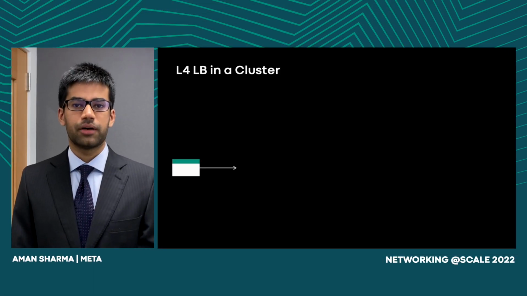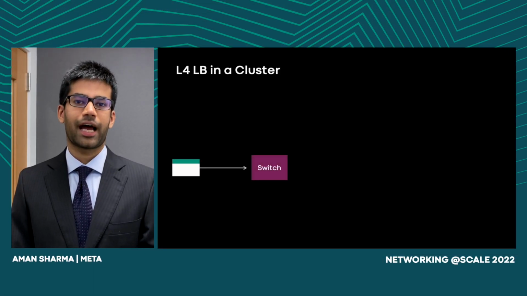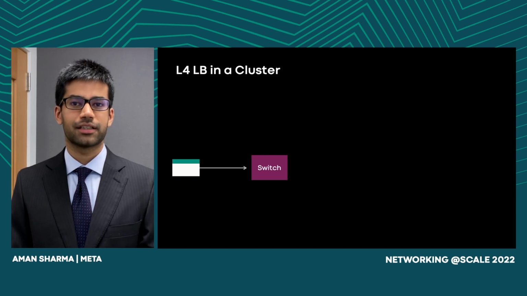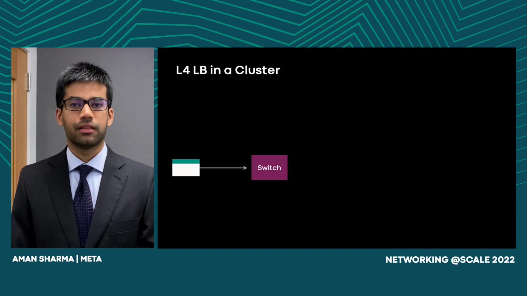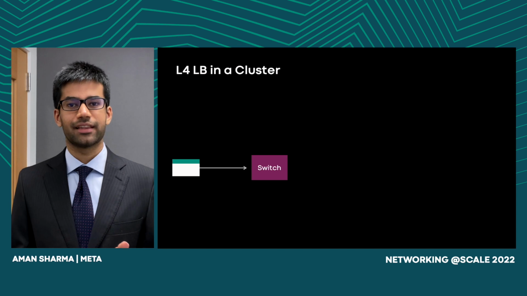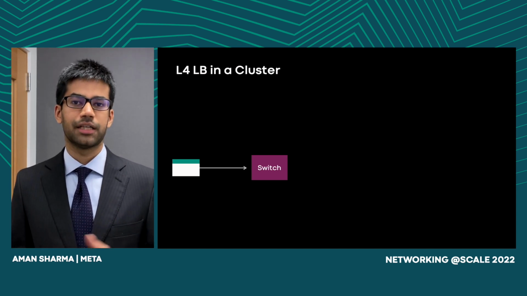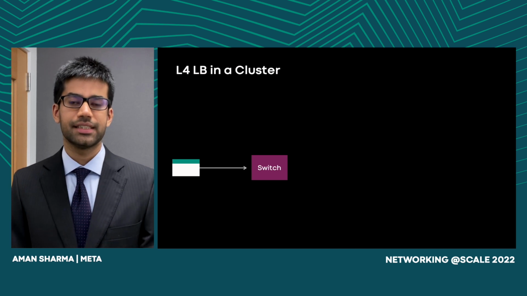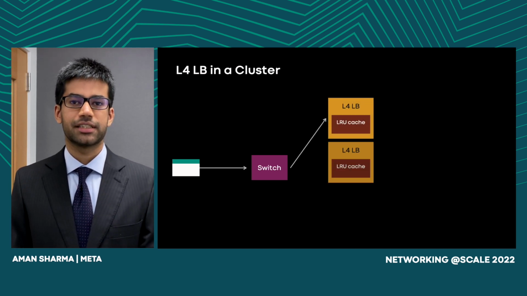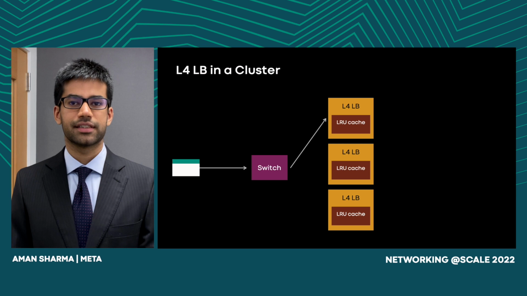So now let's zoom out a little and look at what happens when a packet arrives at a cluster. The first thing that happens is that the packet passes through a series of switches. In this diagram, I've just drawn one for the sake of simplicity. The switch calculates a 5-tuple hash and sends the packet to one of the layer 4 load balancers.